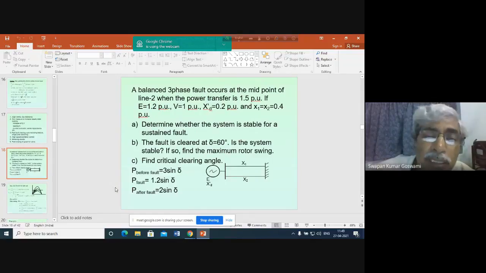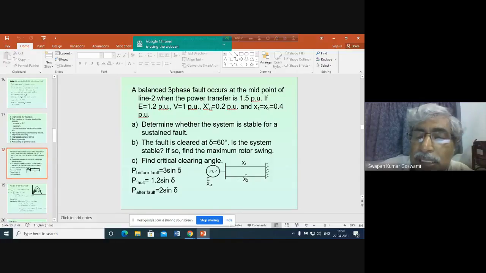So it is given that P before fault, that means peak of the power angle curve before fault, is 3 sine delta. That means how you will be calculating the peak of the power angle curve? Obviously, you know the induced voltage here. You have to take this generator reactance, plus the parallel combination of these two reactances.